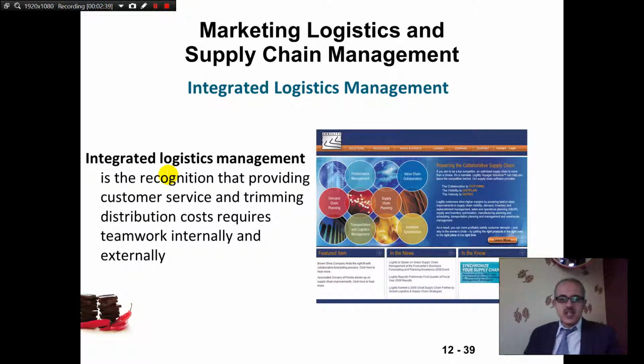Integrated logistics management is the recognition that providing customer service and trimming distribution costs will require teamwork internally and externally. Did I tell you about the blue bicycle? You go to Huda supermarket and you order a bicycle.